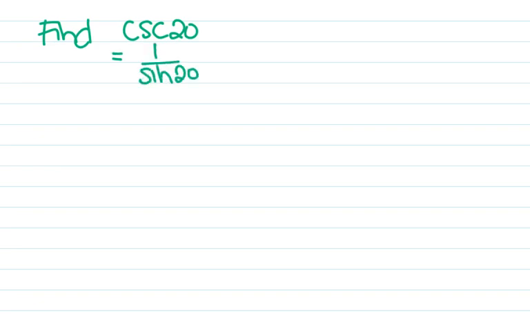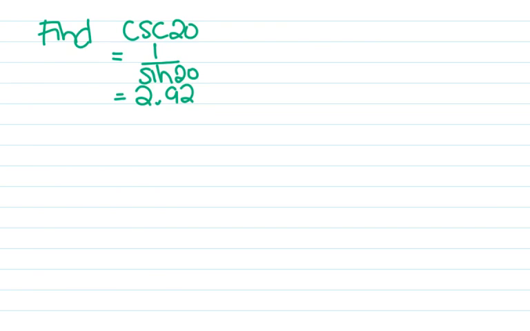So cosecant 20 is the reciprocal of sine 20. So that equals 1 over sine 20. And then you could type that into your calculator. So you'll go 1 divided by bracket sine 20 bracket equals 2.92. All right? So you just need to know the three reciprocal ratios and how they match up to the primary trig ratios so that you can solve these types of questions.